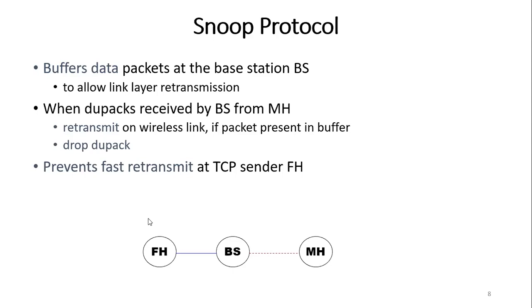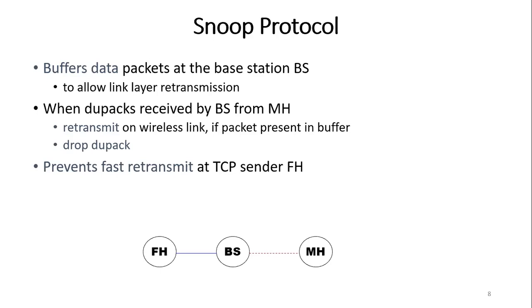On the wireless link, the base station is getting duplicate ACKs, which is an indication that some packet is dropped. Once you get a sufficient number of duplicate ACKs, you have the time to retransmit. But those packets are already buffered. You don't need to bring them from the sending side.